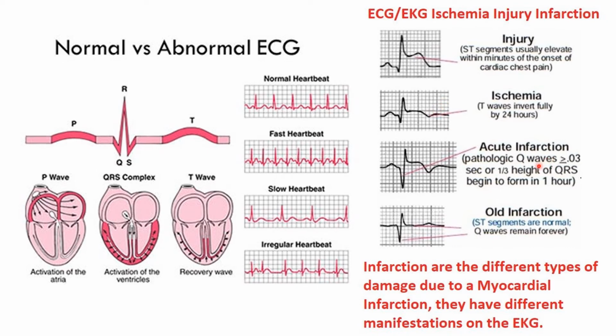And then acute infarction, this is pathologic. Q waves around negative 0.3 seconds or 1/3 height of the QRS begin to form in 1 hour. So, nakikita nyo na napakababa nung inyong Q waves. So, it would denote an acute infarction. So, for all infarctions, the ST segments are normal but Q waves remain forever.